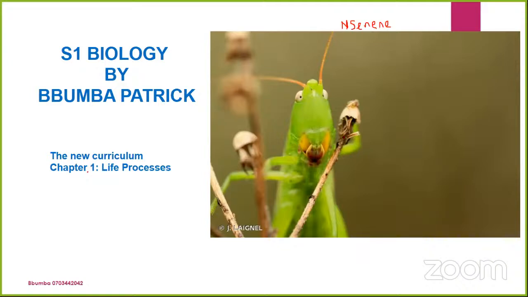You can try to identify the life process involved here, and we're going to understand the different life processes that different organisms possess. I hope you have seen this organism before. Not to waste time, let us start so that each one of you can follow very well.